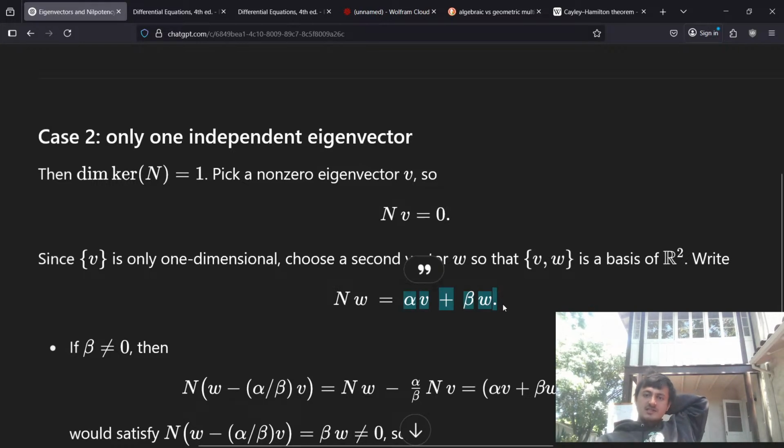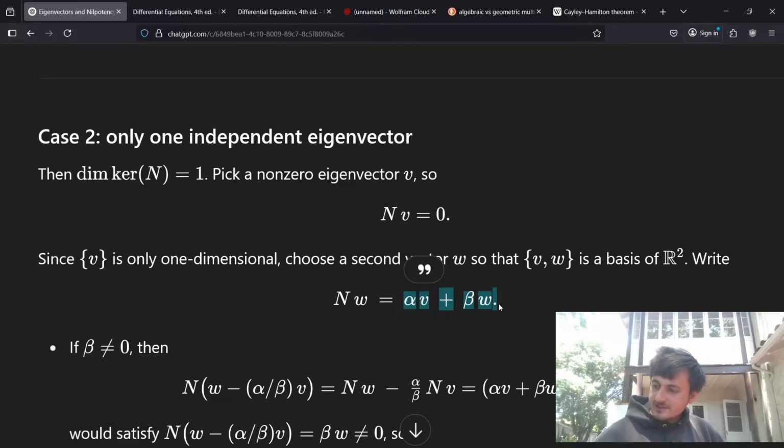Okay, so anyways, this linear combination spans R2. So then we can write that. So this is AV plus BW, since V, W is a basis.